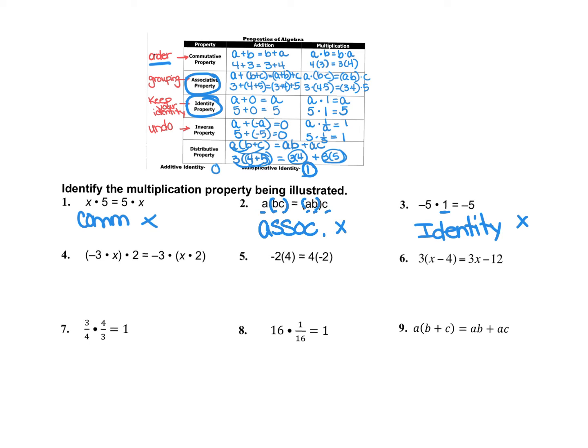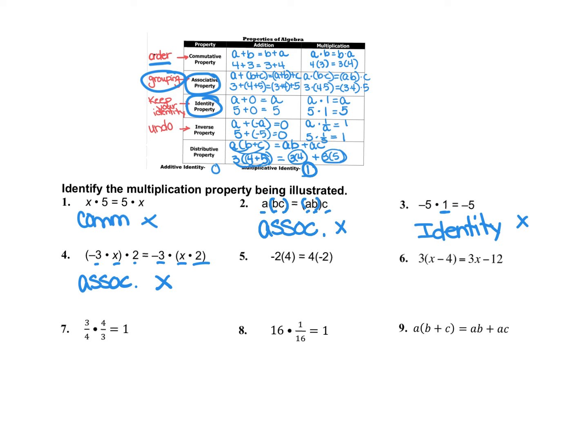Now for number 4, I have -3 times x times 2 is equal to -3 times x times 2. And now notice how all of these are in the same order, but what I've done is I have regrouped it. And remember, when you regroup, the grouping part, this is the associative property of multiplication.